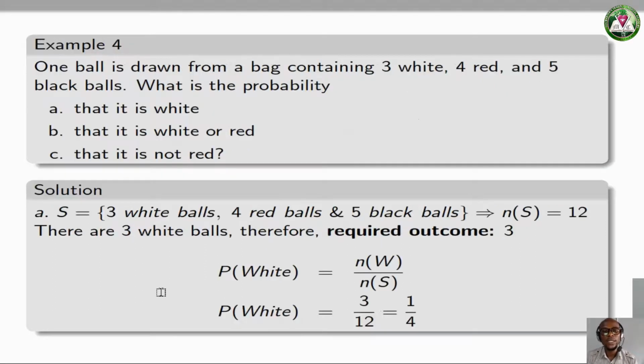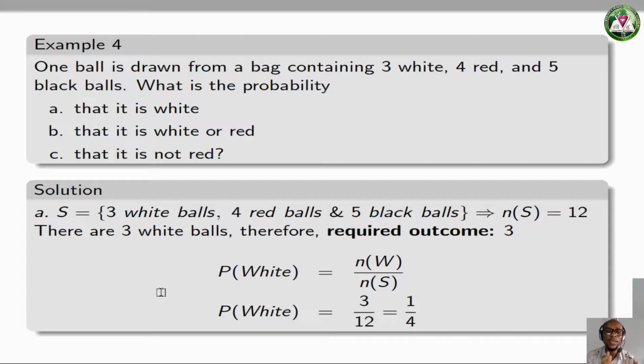Now the question says, what's the probability that it is white or red? Can you see that these events are mutually exclusive? Because if one ball is to be drawn, I wonder how 2 balls will come out at the same time. So definitely, it's a mutually exclusive event. They cannot happen at the same time.